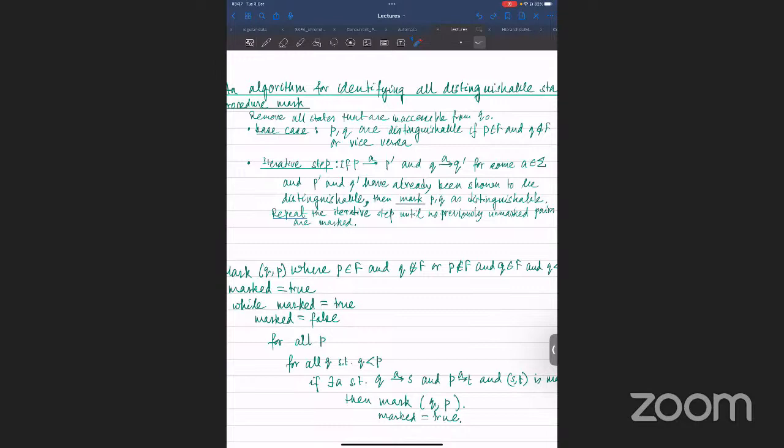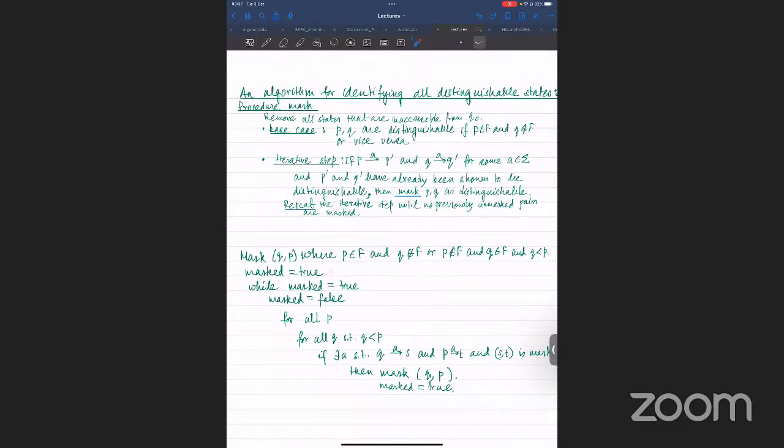And then we had a marked flag, which we set to false, and then if you mark a pair, you set it to true. If you do not mark any new pair, the marked flag remains false, and then you come out of this loop and the loop terminates.